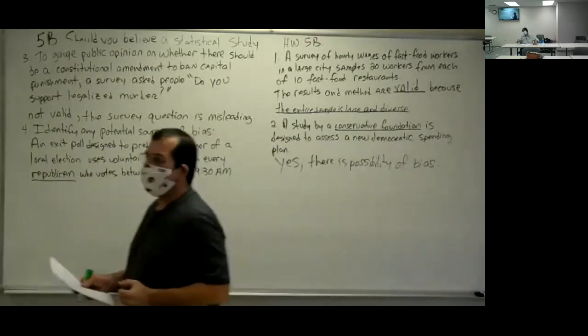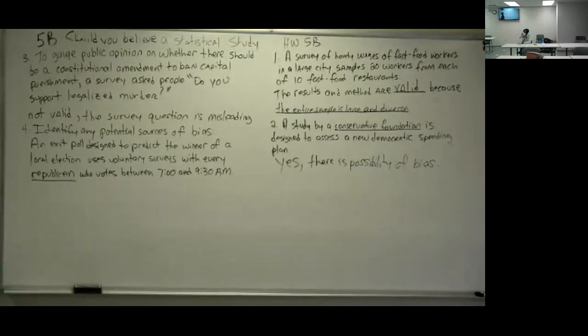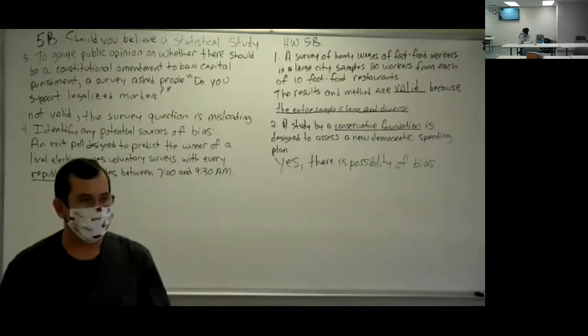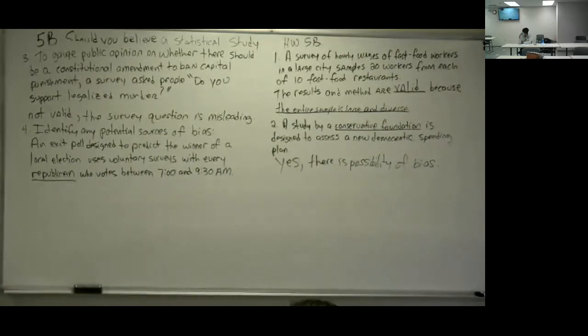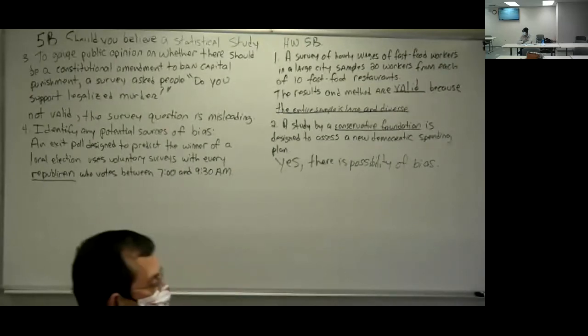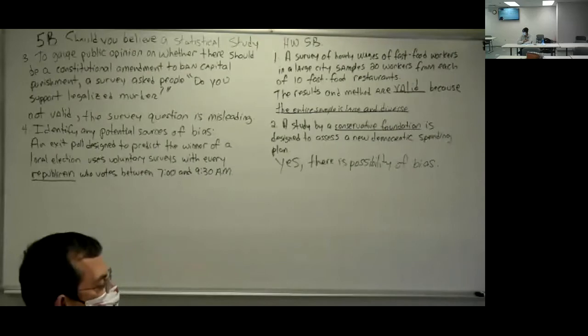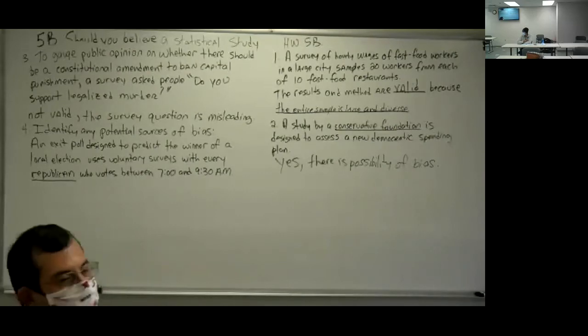But also we got participation bias. This doesn't say anything about Republican, though. It just says designed to predict the winner of a local election, uses voluntary surveys. So all who vote, yeah.